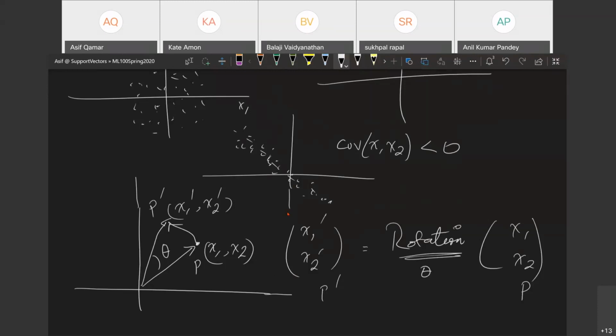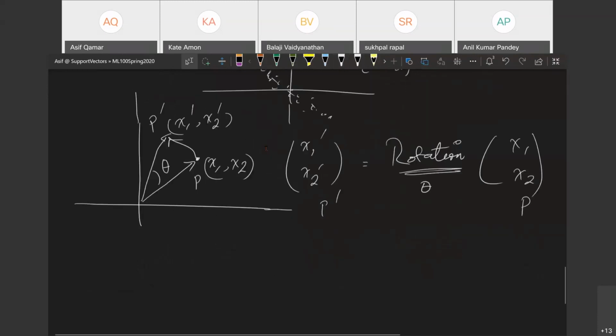Now, when you work out the equations, you will realize that this can be written as x1 cosine theta minus x2 sine theta. If you want the derivation, we can go through it, but let me know at the end of the lecture if you guys want a derivation. I'd be happy to do that.